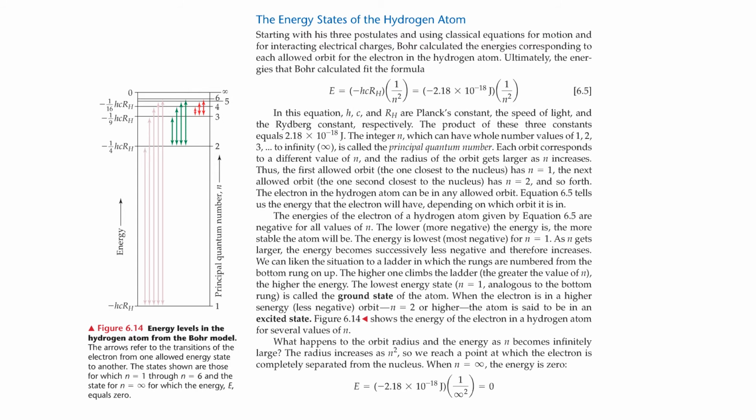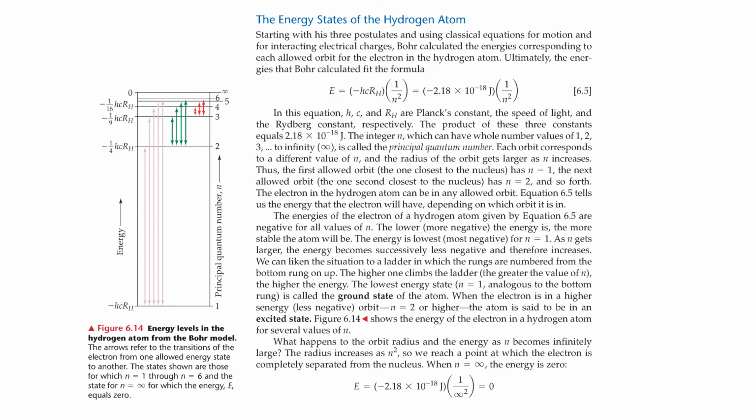Figure 6.14. Energy levels in the hydrogen atom from the Bohr model. The arrows refer to transitions of the electron from one allowed energy state to another. The states shown are those of n equals 1 through n equals 6, and the state for n equals infinity, which is the energy E equals 0.